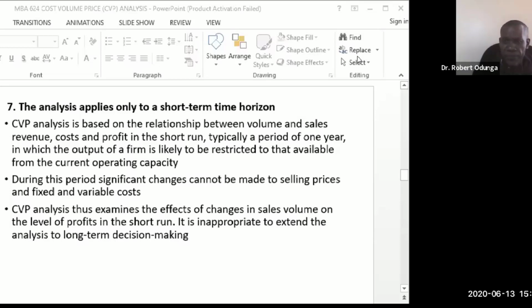So the short-term decisions that we make inform the long-term decisions that we have to undertake, because the organization will be forced to invest in increasing its bed capacity. And this is informed by the decisions that we make in the short run.